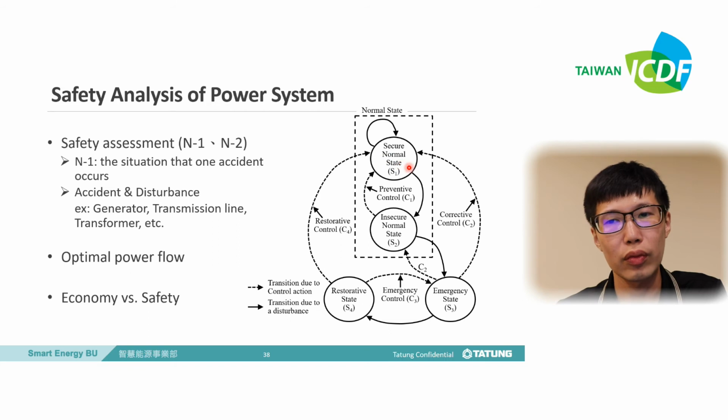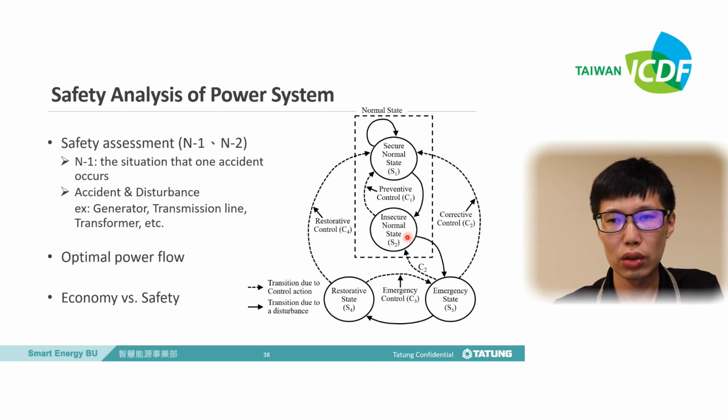And assume the state of the power system is safe, then it is in the secure normal state. And if a disturbance occurs, then it may transfer from stage 1 to stage 2, which means from secure normal state to insecure normal state.